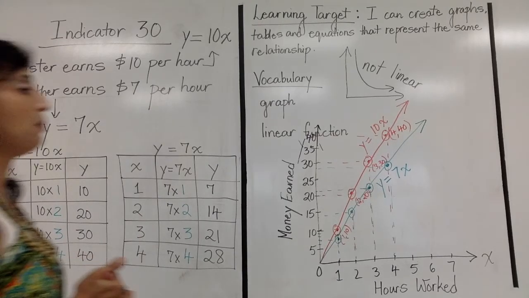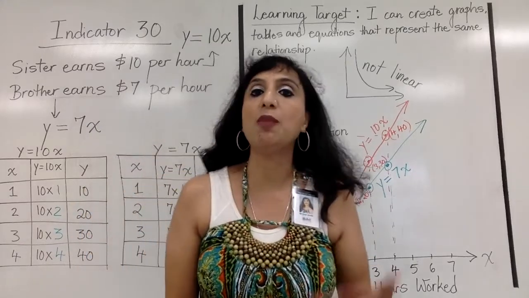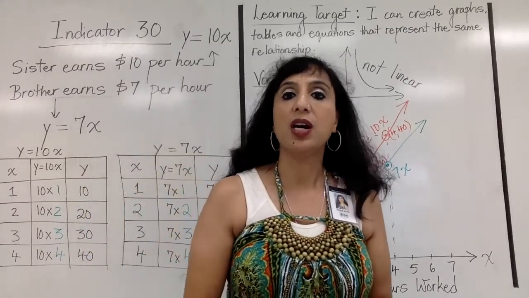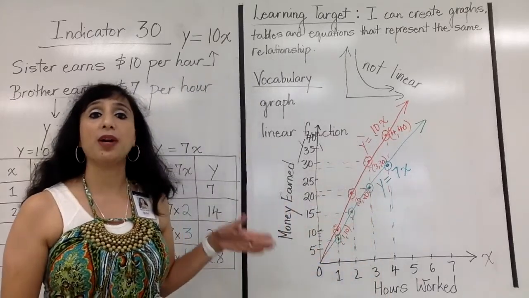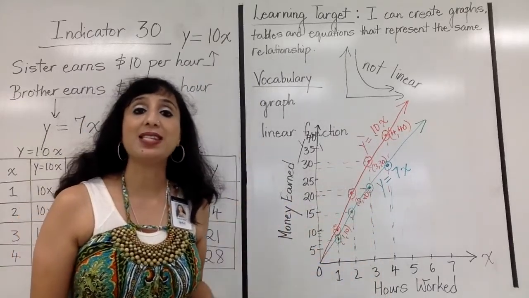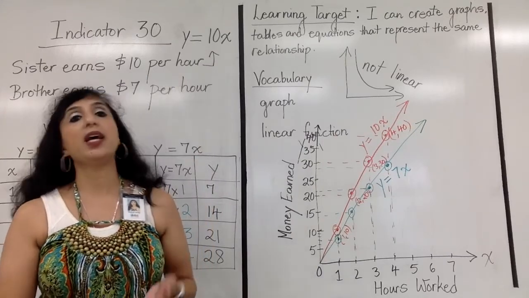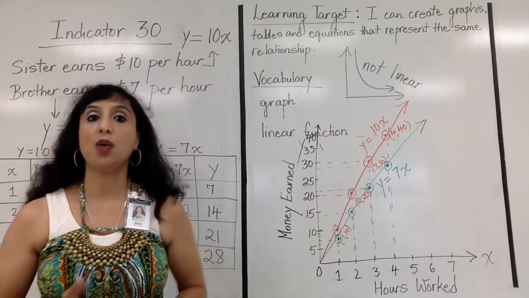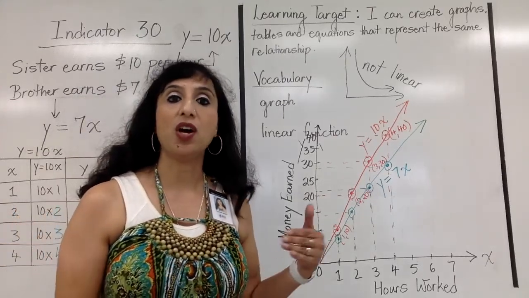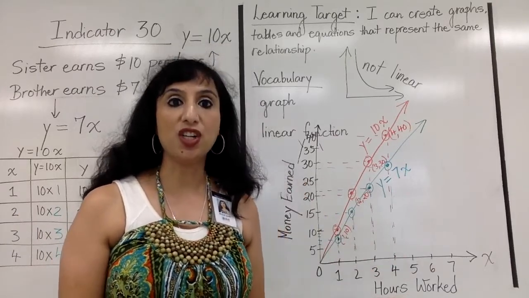Because it's saying which graph is steeper, explain. Obviously, because your sister is earning more per hour compared to your brother. So because the earning is more per hour, that graph is definitely going to be much steeper than your brother's, who is earning less. So the steepness of the graph depends on who is earning more. And in this case, it is your sister.